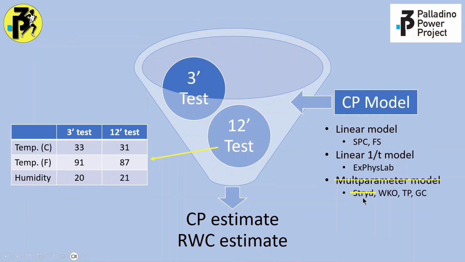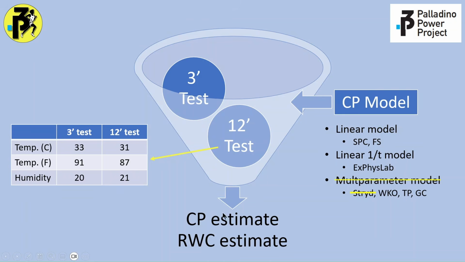Now, if you have a multi-parameter model, these data points may be from any point in the last 90 days, and you don't necessarily have the exact temperature and humidity on those. So that's why I like same day 3-minute, 12-minute CP tests, or 3-minute, 12-minute CP tests separated by only a couple of days.